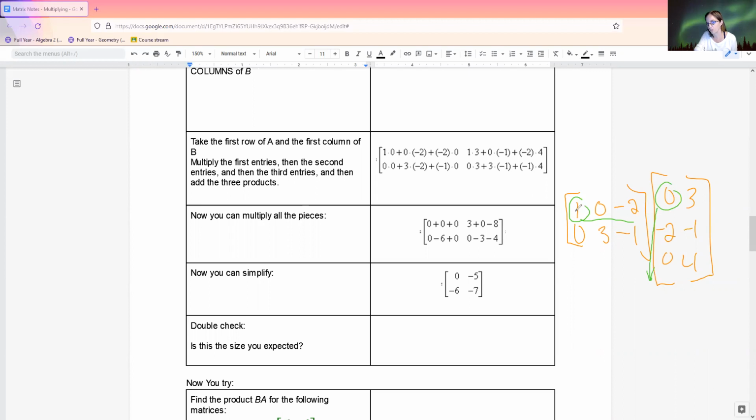If I look carefully, 1 times 0 is 1 times 0. Okay, I'll grab a different color, not orange because I used orange originally. Then 0 times -2, 0 times -2. -2 times 0, -2 times 0.